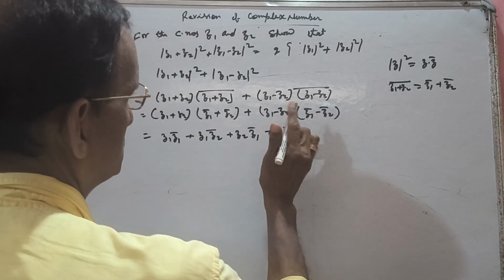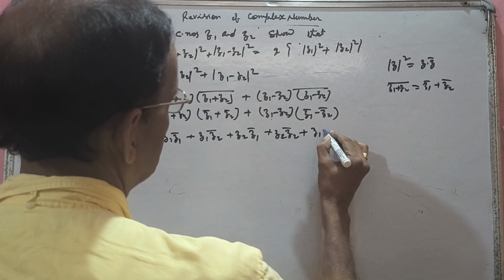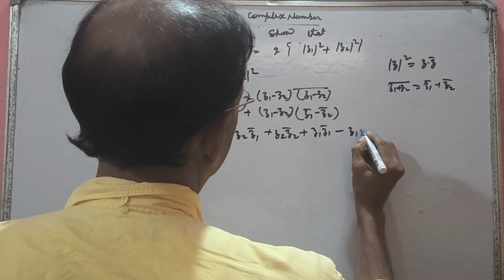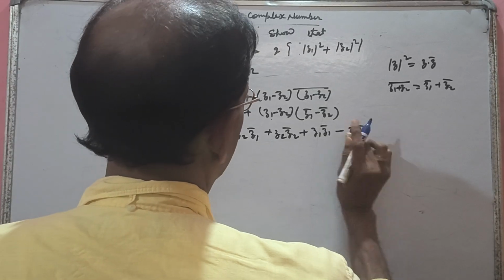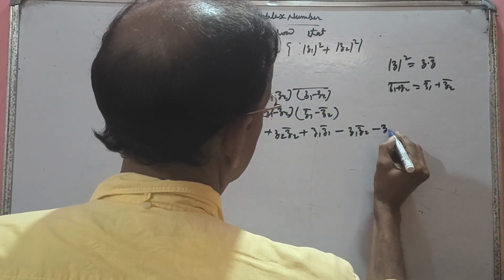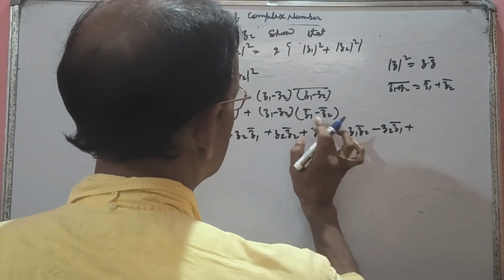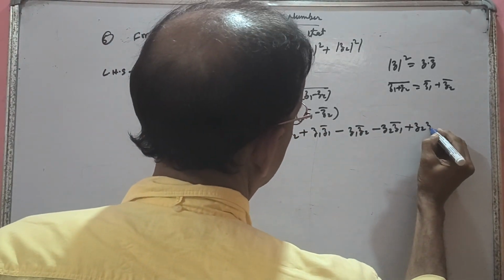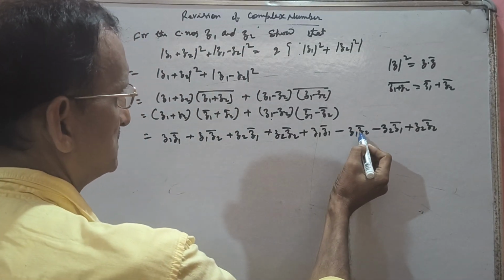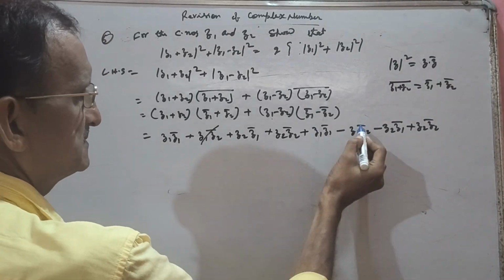Now simply this also: z1 into z1 bar, minus z1 z2 bar, this into this. Now minus z2 z1 bar plus z2 z2 bar. Okay, this is z1 z2 bar with plus, and this is minus.